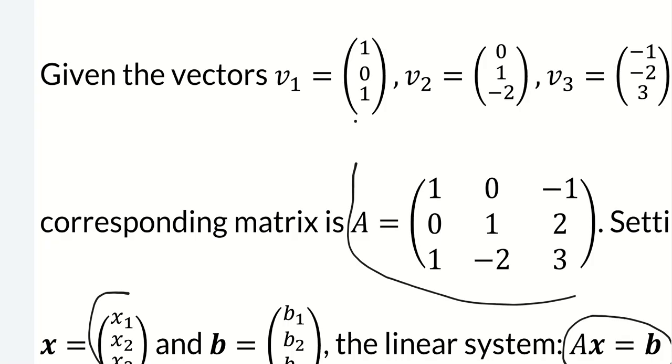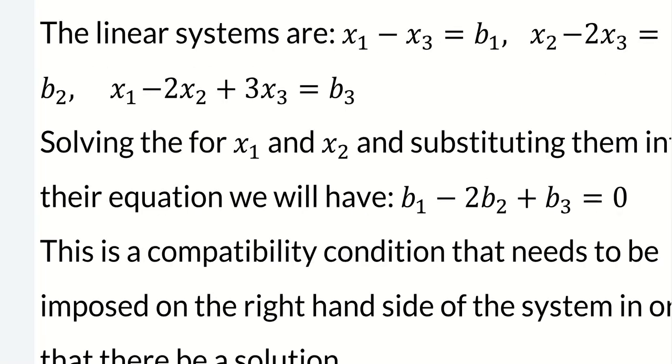Remember, it's not homogeneous. If it's a homogeneous linear system, then we assume that B is equal to 0. That means when the matrix multiplies the vector, which is the unknown, it will be equated to 0. But that's not what we are doing.